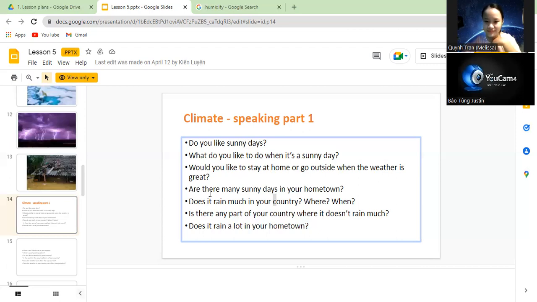And what about people there? Normally people in my hometown feel a bit annoyed and a bit disturbed because when it rains, it makes the way wet and prevents them from going outside or going to work.